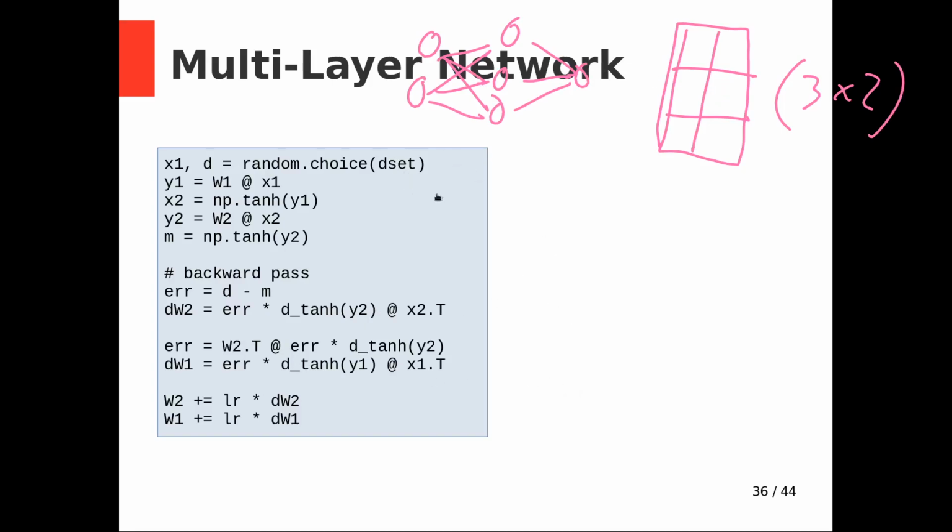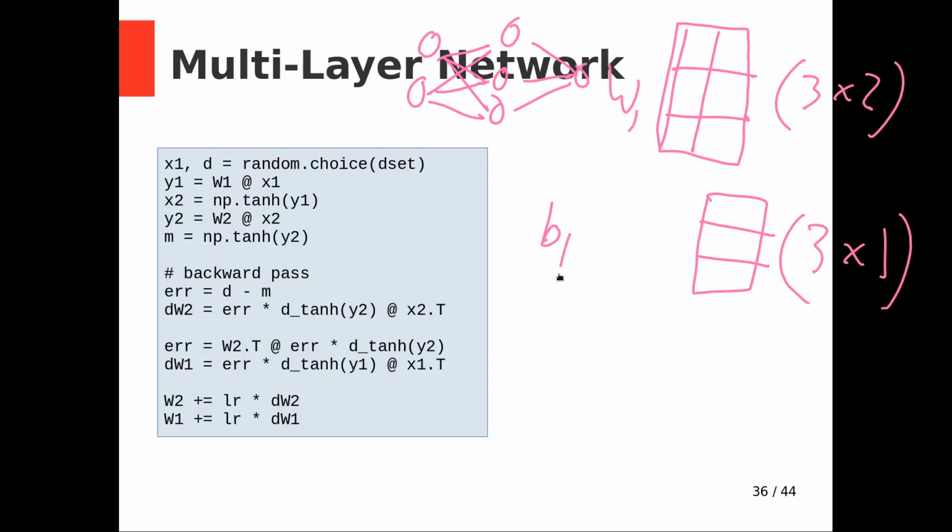All right, and our BP error is 3 by 1. Right? We just found out that our BP error is 3 by 1. So let's make sure that the dimensions add up correctly.